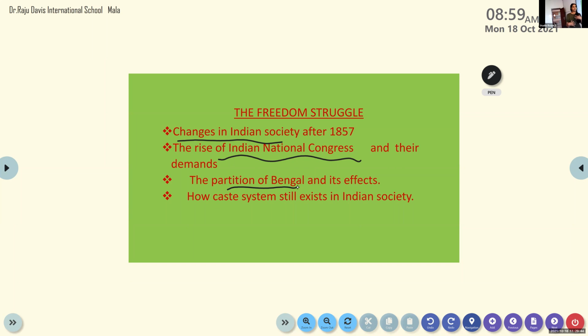This we will discuss later in detail, and its effect. Also the caste system, I have told you, many castes. People were discriminated against and divided into many sections, with many customs and practices. Its effects we will discuss in this chapter.